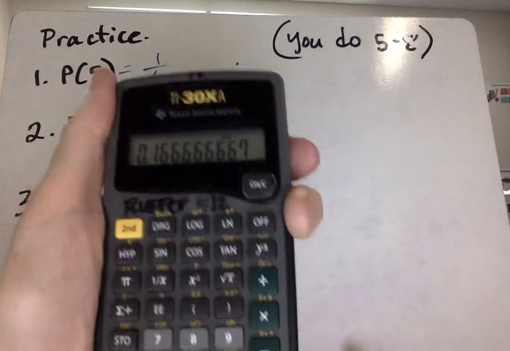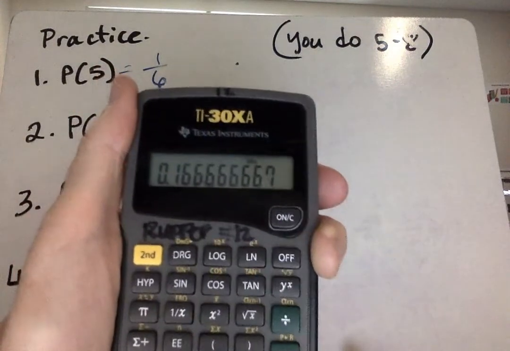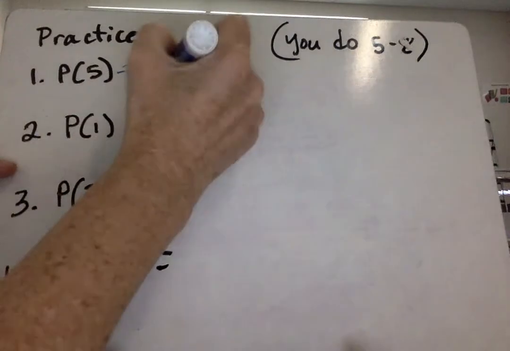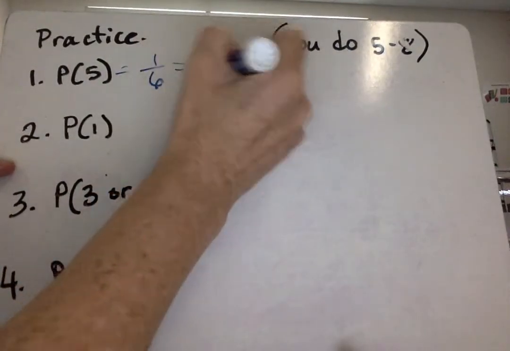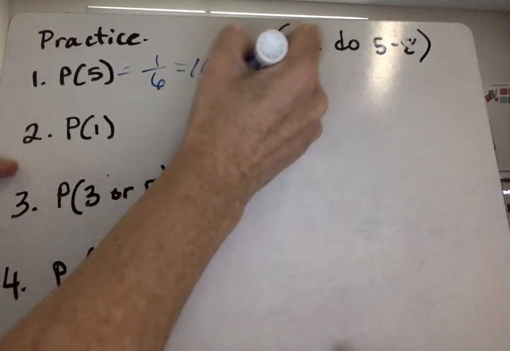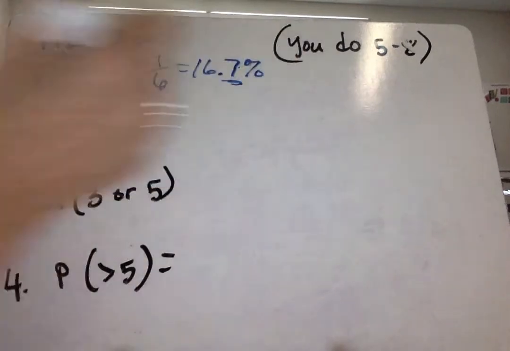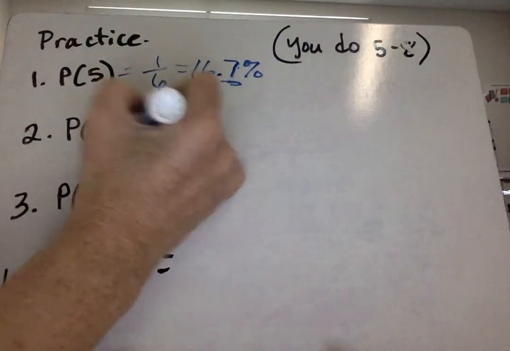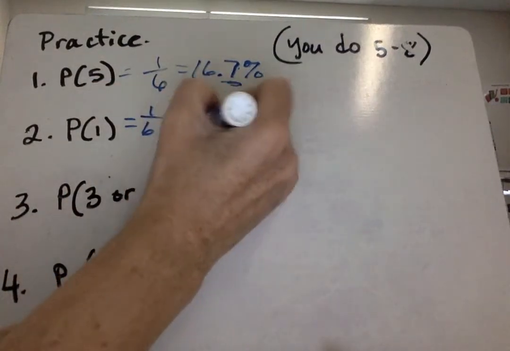So if I move it 2 places over, it's 16.6, but I need to round up. So I'm going to round to the nearest tenth, 16.7%. Probability of 1 is going to be the same: 1/6 or 16.7%.